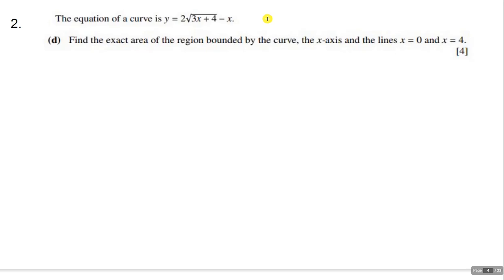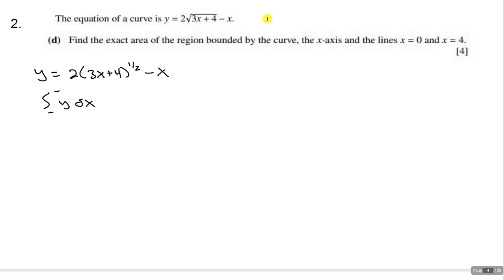So we're going to use integration to do this. And basically, our first step is going to be to take this original function and rewrite it with powers. So let's start this. We've got 2 times (3x plus 4) to the 1/2 power, and then minus x. Now basically, again, if you're going to explain what's going on here, I'm going to integrate y in terms of x, and I'm going to use these 2 boundaries that they've set for us.